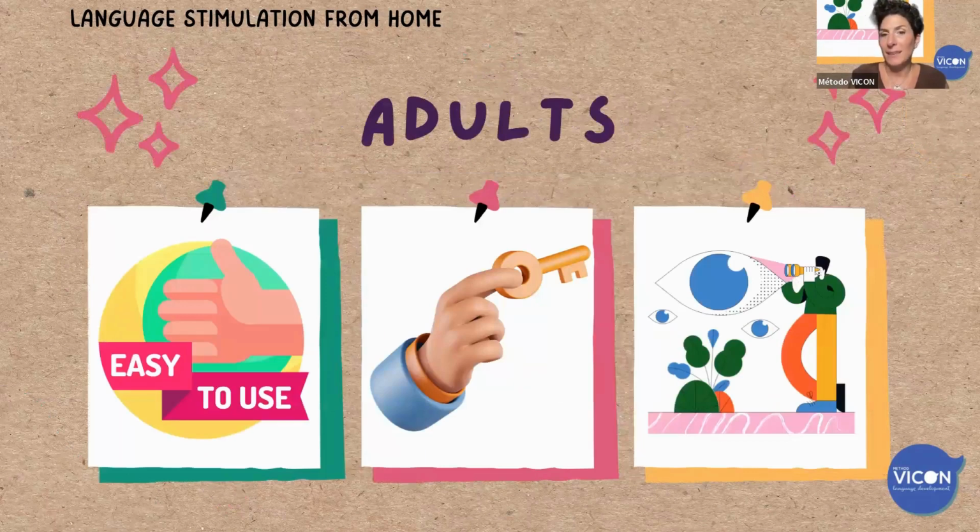As I said, for us adults, it's easier. It gives us a key to them, and it helps us to understand and to see what they have in their minds or what we can do, and it improves our experience and our impact on their learning.